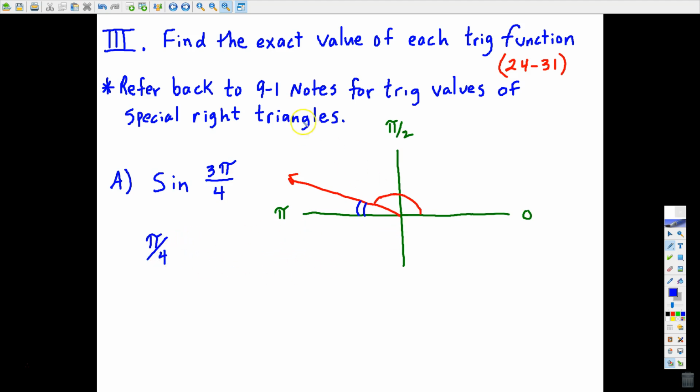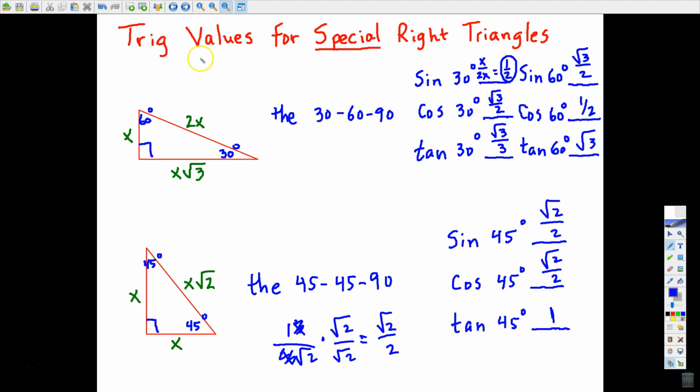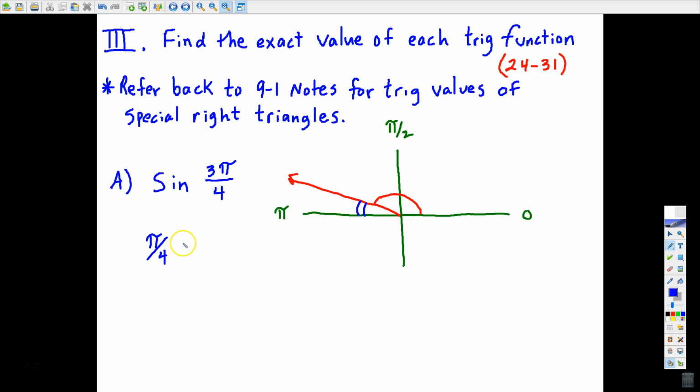So our special right triangle answers make sense, let's change this over into degrees. Remember our conversion, we just do 180 divided by pi, and we can do a little canceling here. And so that's the same thing as 45 degrees.